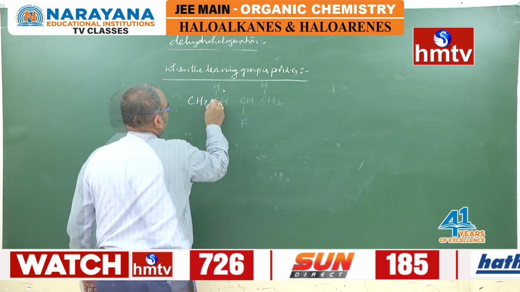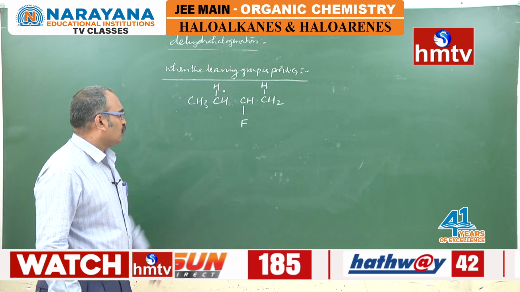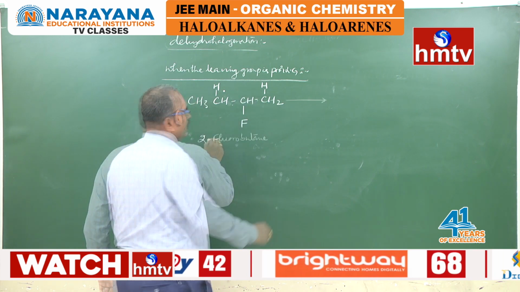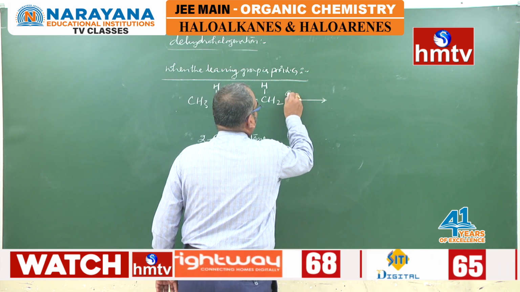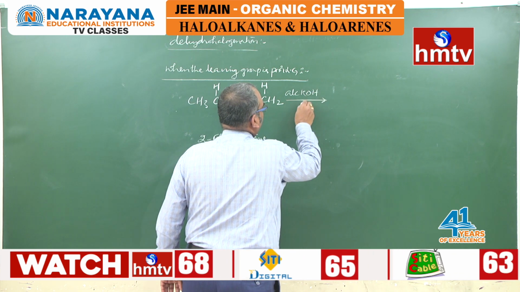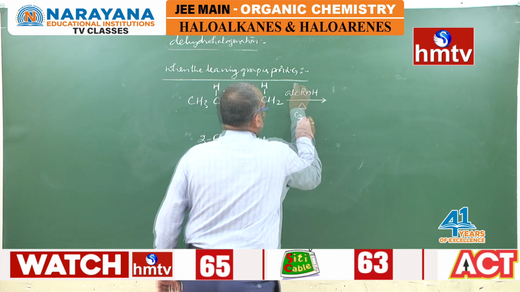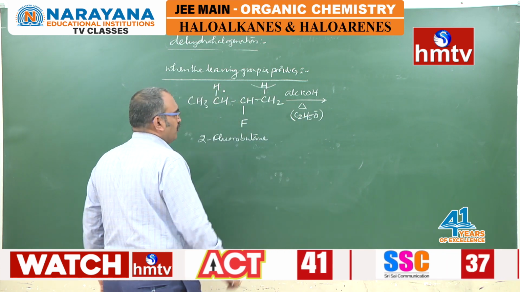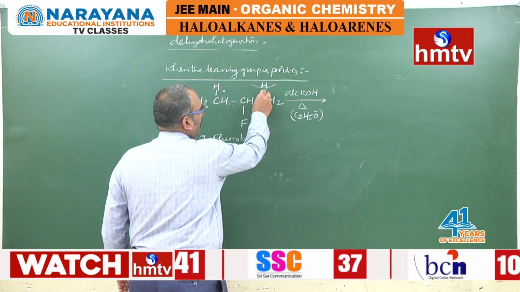I am taking CH3, CH2, CHF, CH3, 2-fluorobutane. When it is heated with alcoholic KOH, which provides a base like C2H5O minus, it removes the proton from the beta carbon.